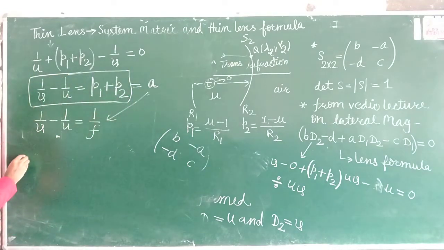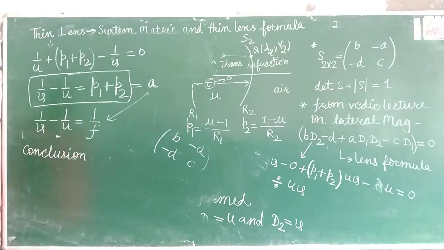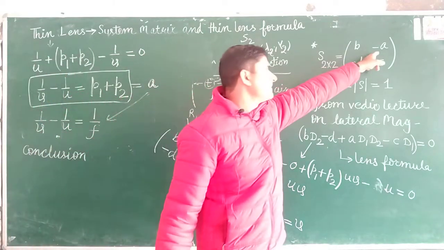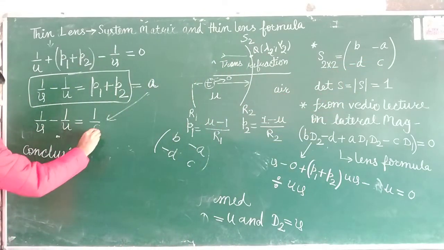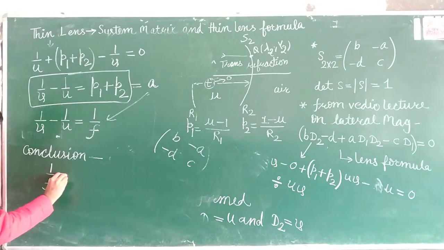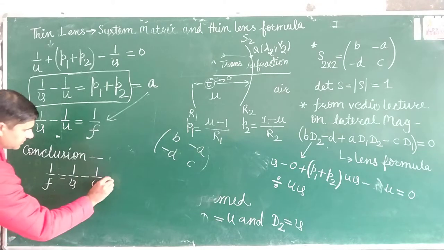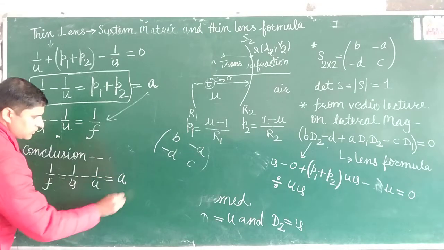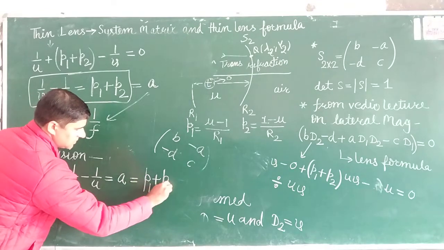Okay, so what is our conclusion? The conclusion is that this element will provide you the idea of the focal length, and that is 1 by f. This is equal to 1 by v minus 1 by u, and this is equal to A, and this is again equal to P1 plus P2.